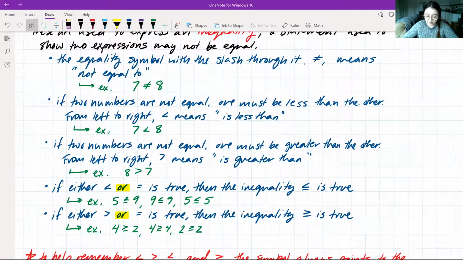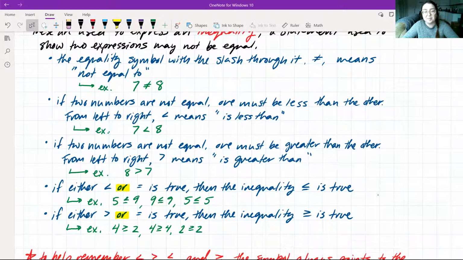Same goes for greater than. If greater than or equal to is true, then the inequality greater than or equal to is true. We're basically combining an inequality with an equality into one symbol, and if either of them is true, the statement must be true as well.